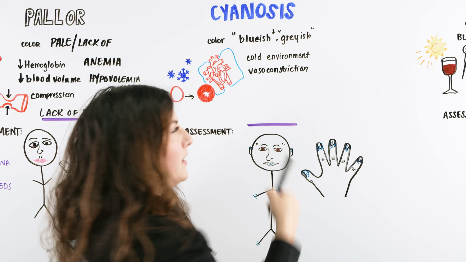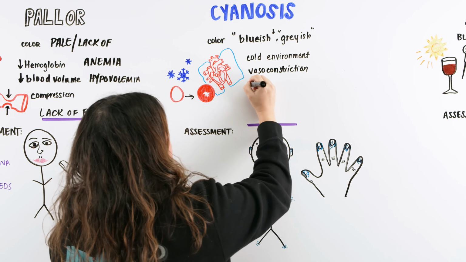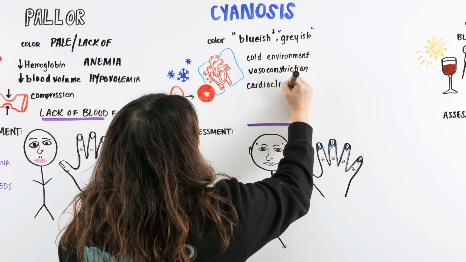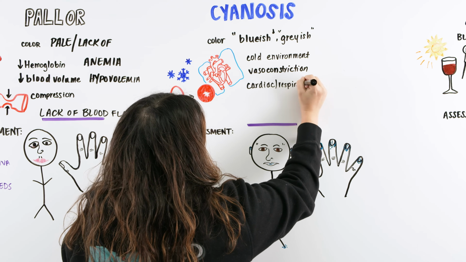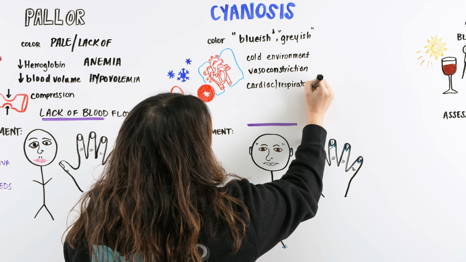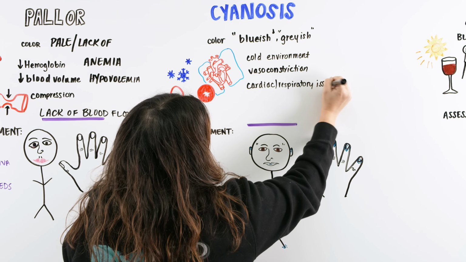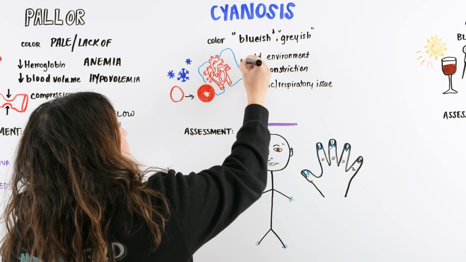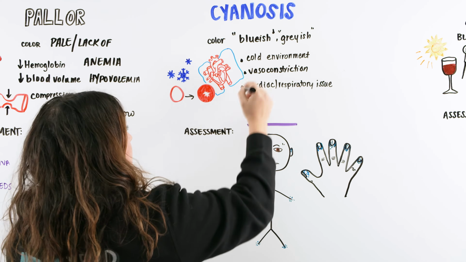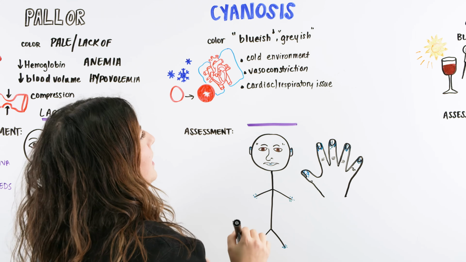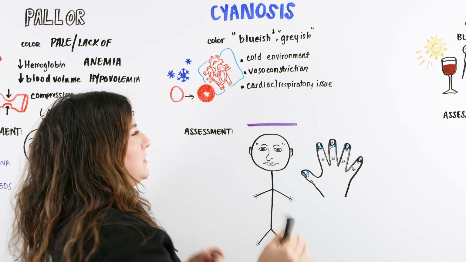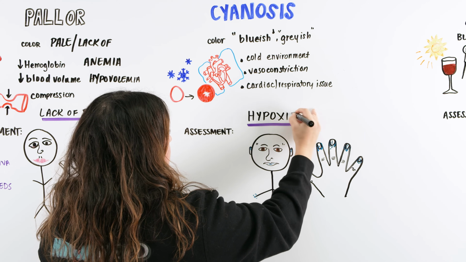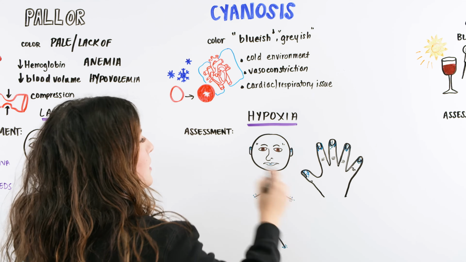Could also be that they have some type of cardiac or respiratory issue, whether it's known or not. And because of that, we want to start thinking, what do all of these have in common? And for cyanosis, it's really easy to boil it down to some form of hypoxia, localized hypoxia to these areas.